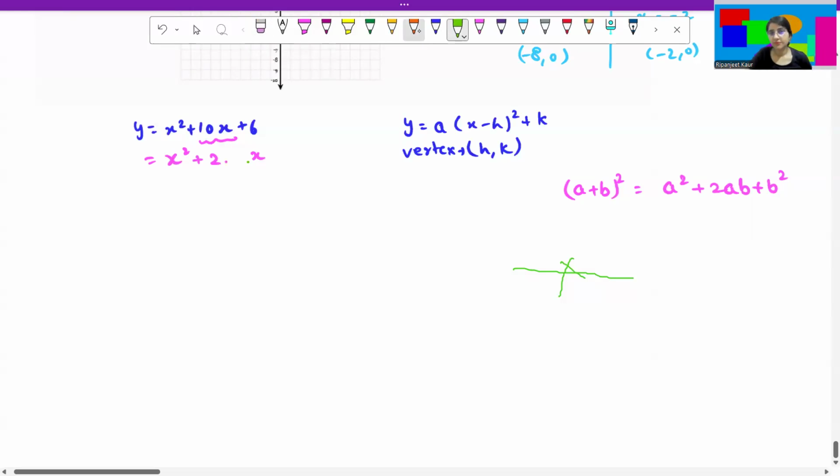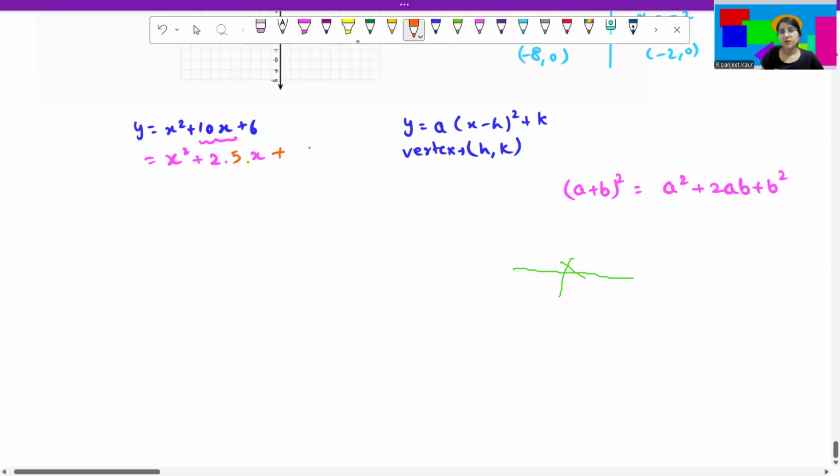It can be a or b, we can decide that later. But what is the number over here which should be extra, that gives us a 10 after solving? 5. Very good, it's a 5.